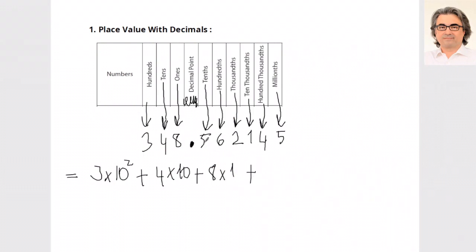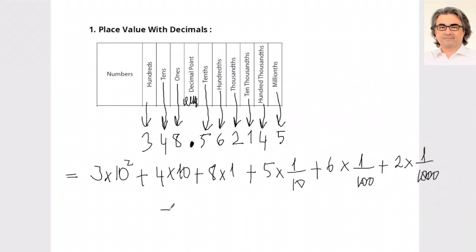And plus 5 tenths, 5 times 1 over 10. Tenth means 1 over 10. And plus 6 times 1 over 100, and 2 times 1 over 1000, plus 1 times 1 over 10,000.